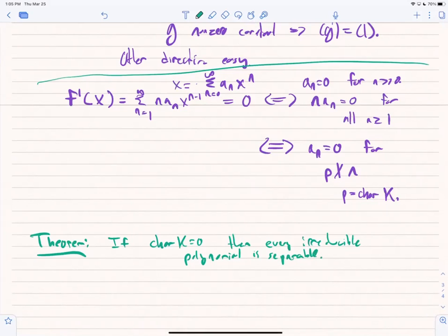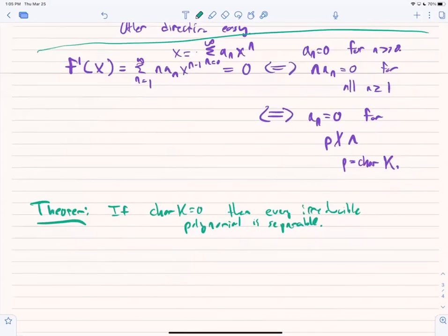So that means this issue of having an irreducible polynomial with a root of multiplicity greater than 1 is something that can only happen in characteristic p. So this doesn't happen for polynomials over the rational numbers. So that's our first point. So if the characteristic of k, so I guess I should be, so every polynomial.